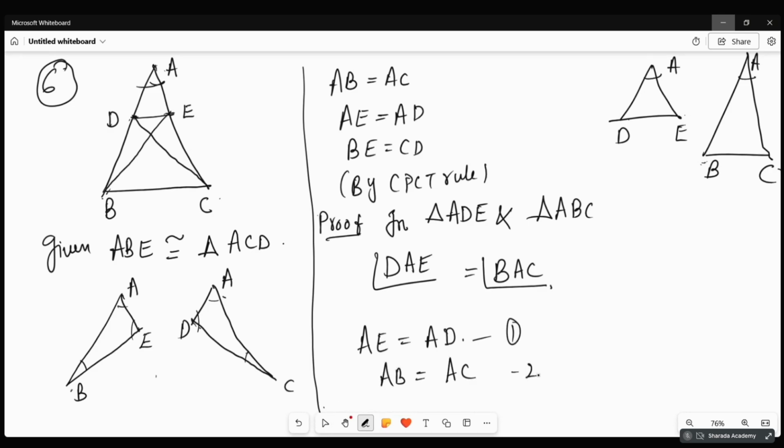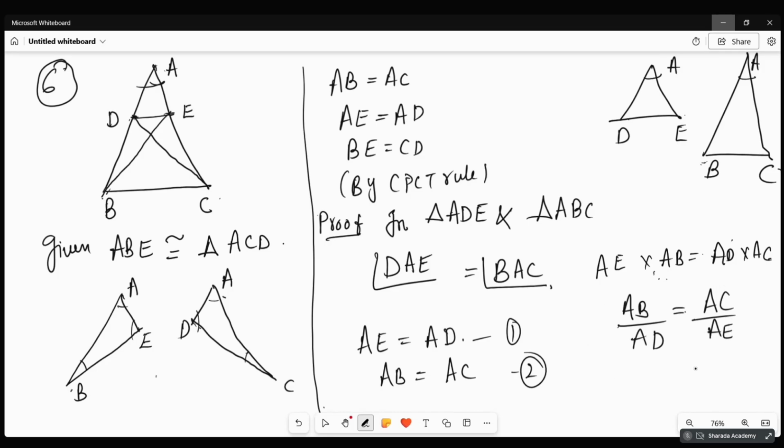Multiply equation 1 and 2, what will you get? AE into AB is equal to AD into AC. Or I can write AB by AD is equal to AC by AD. So two sides' ratio and the included angle are equal.